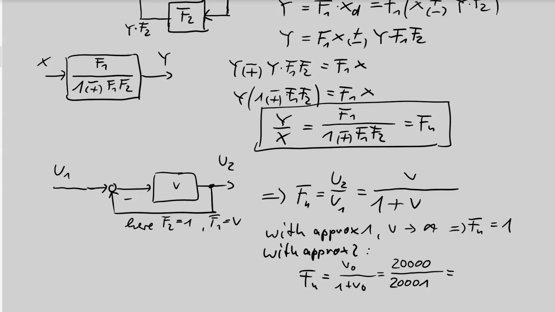If I put it into my calculator, it is a little bit smaller than 1. That is, I think, 0.99995. So this is nearly 1, but not exactly 1.